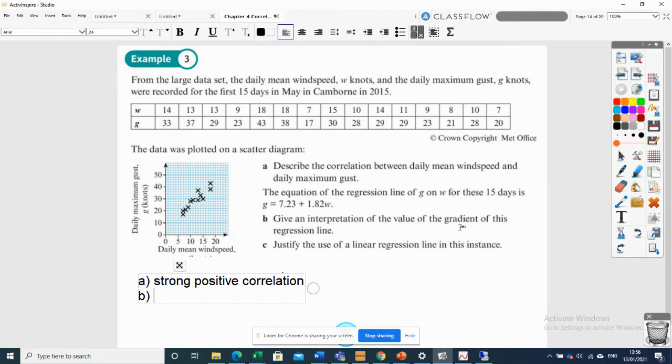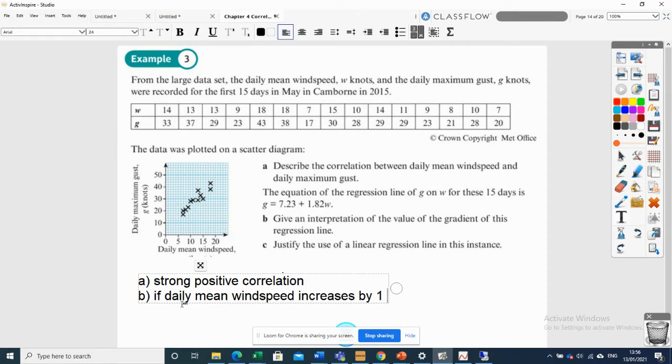So the gradient is 1.82, and we can say if W, or daily mean wind speed, increases by 1, what would happen to the maximum gust?